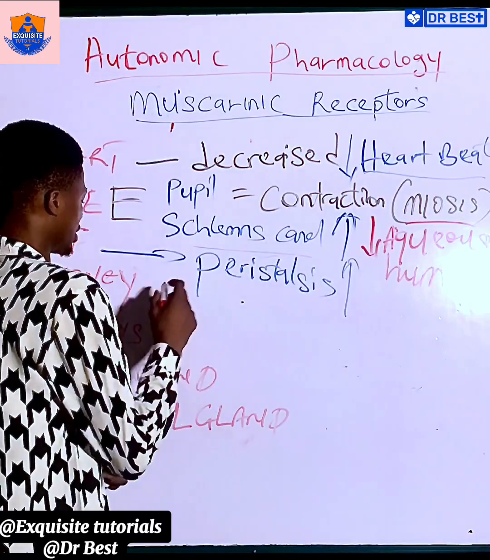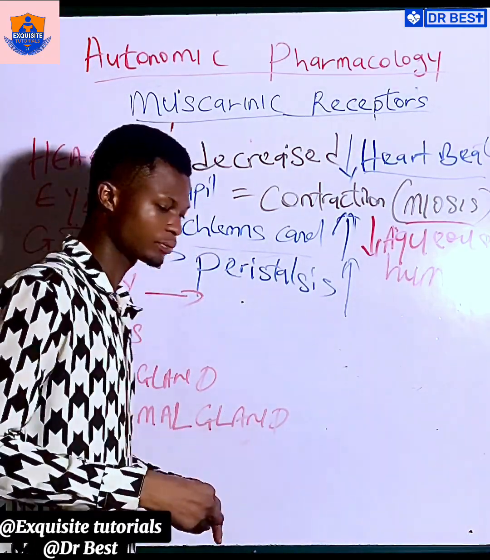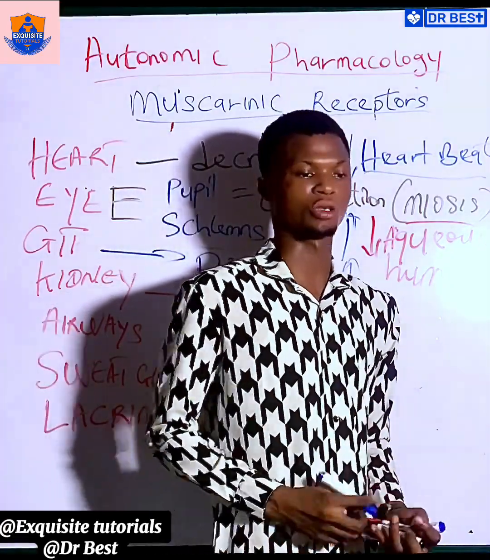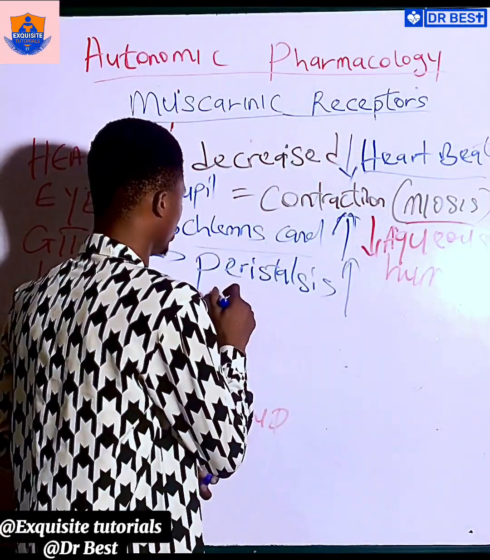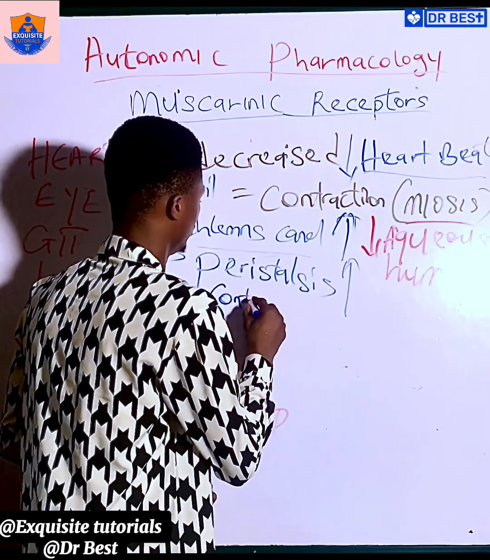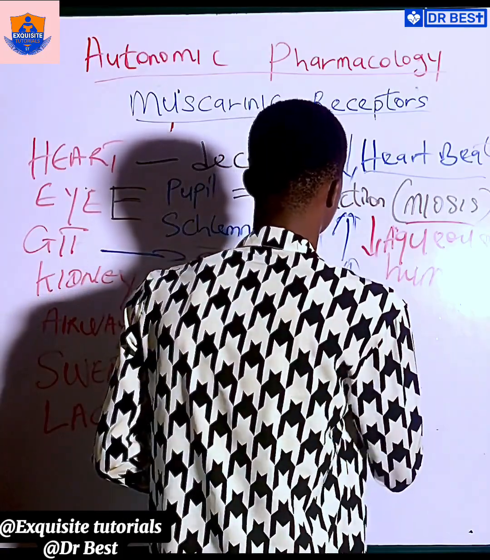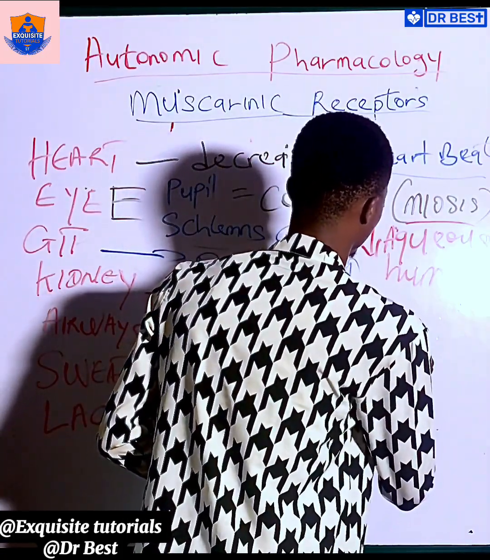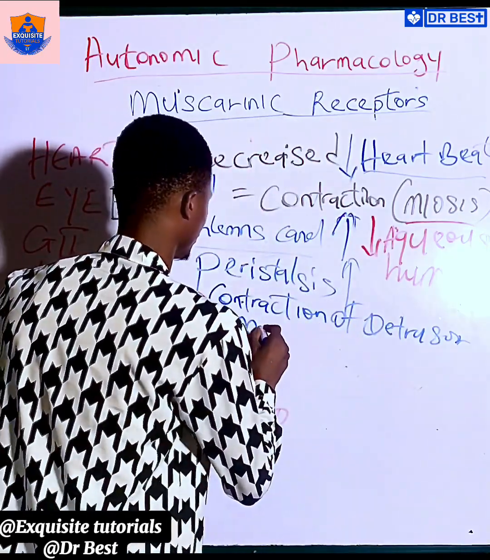Now let's talk about the kidney. Now when muscarinic receptors are stimulated in the kidney, it's going to cause contraction of the detrusor muscle.